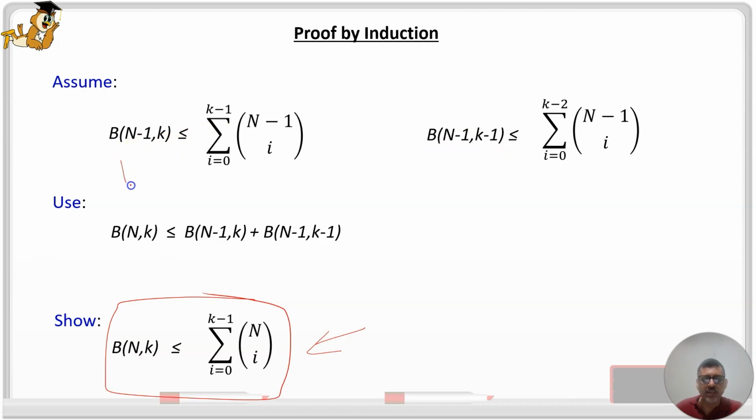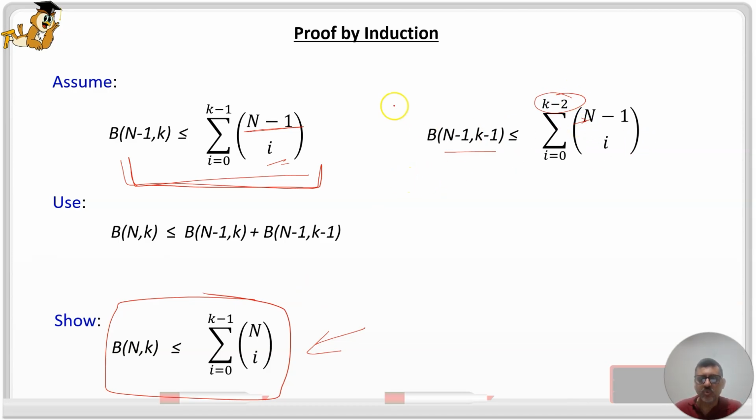So what would be B(n minus 1, k), assuming this holds? It would be that B(n minus 1, k) is less than or equal to the summation i going from 0 to k minus 1 of n minus 1 choose i, right? And for the other, you just substitute n minus 1 and k minus 1. So the summation goes to k minus 2 now, and instead of n you have n minus 1.